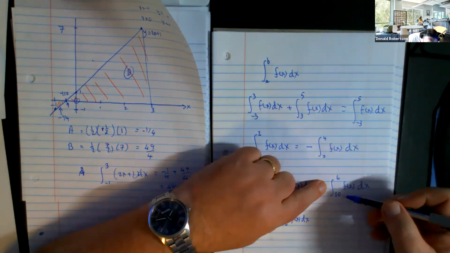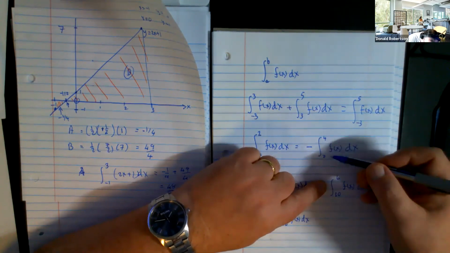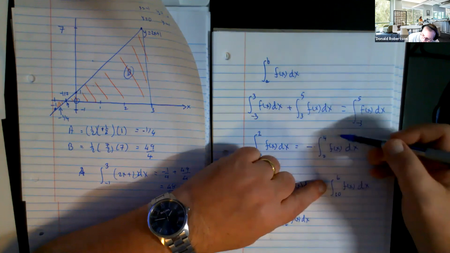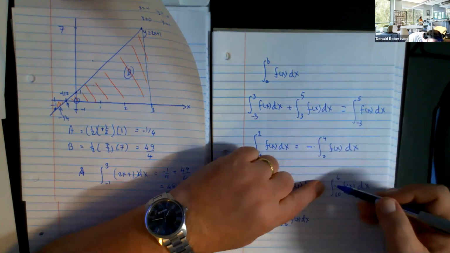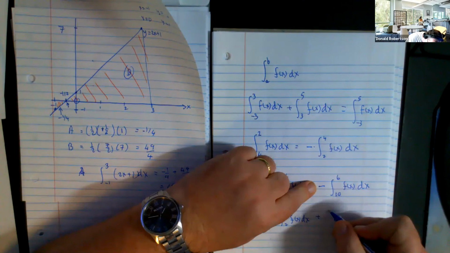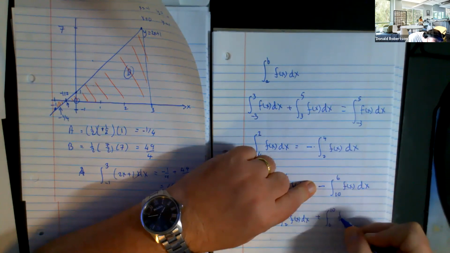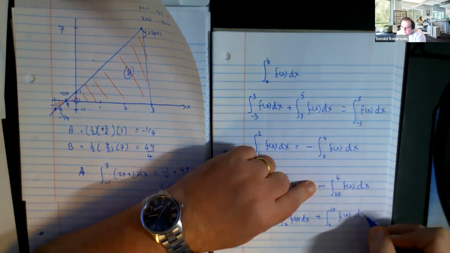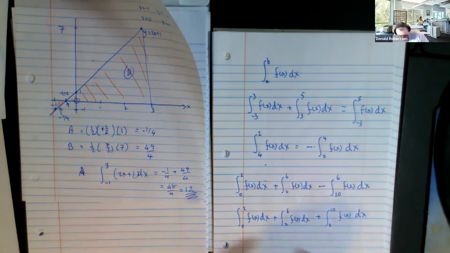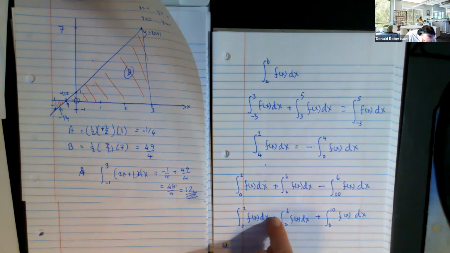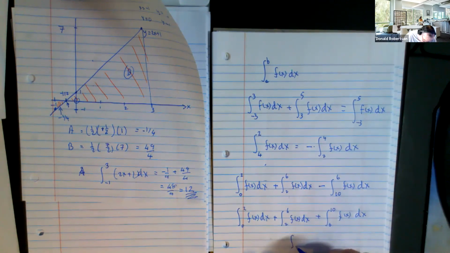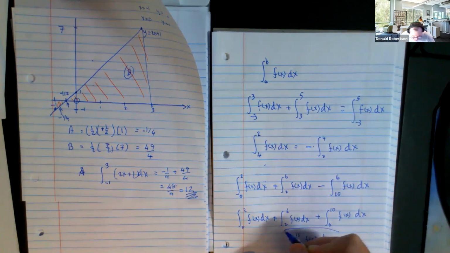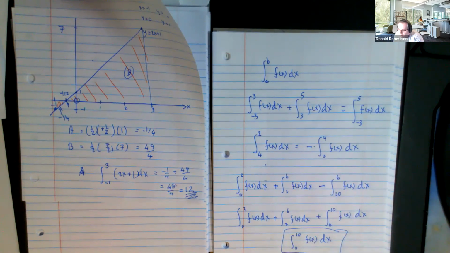Isn't the integral from 10 to 6 the same thing as the negative of the integral from 6 to 10? And then if you stick another negative on it, doesn't that simply become that one? Now, do those all match nicely? Boom, boom, boom. Yep. And they start at 0 and they finish at 10. And that would be the answer that you're looking for.